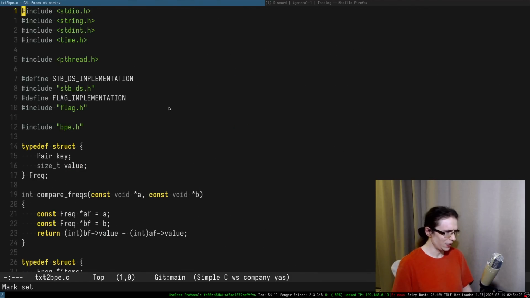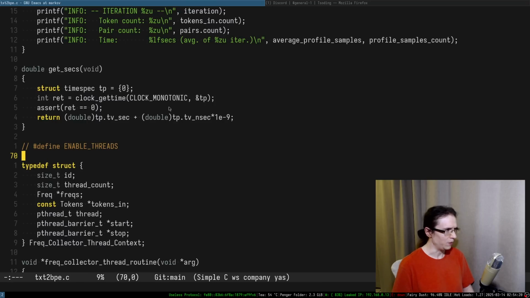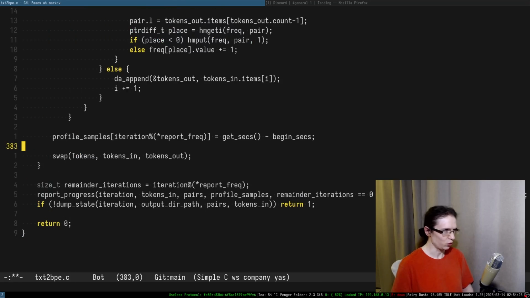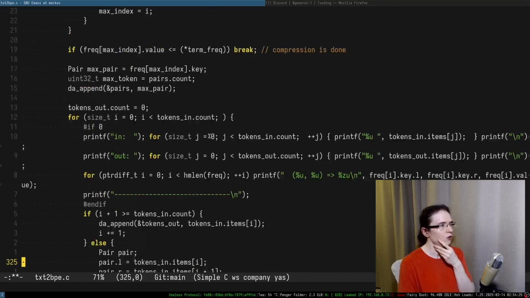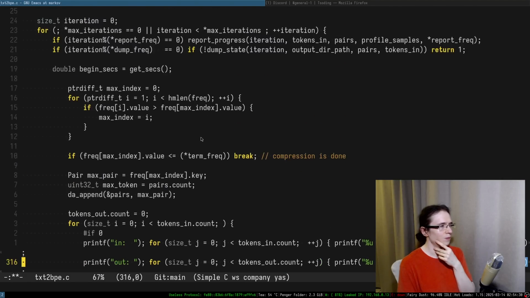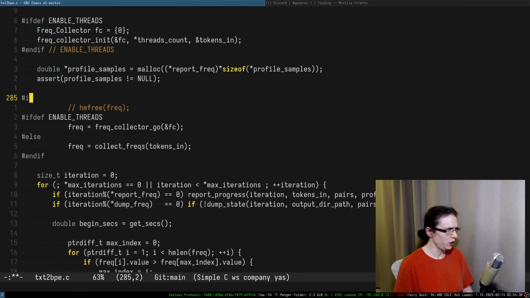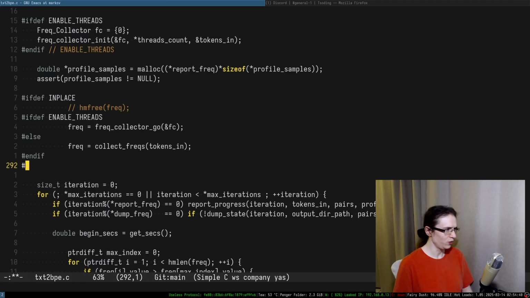So let's introduce something like an in-place macro, which is going to be responsible for this. This is the first computation. If we define in place, we do this single pre-computation, and that's it.